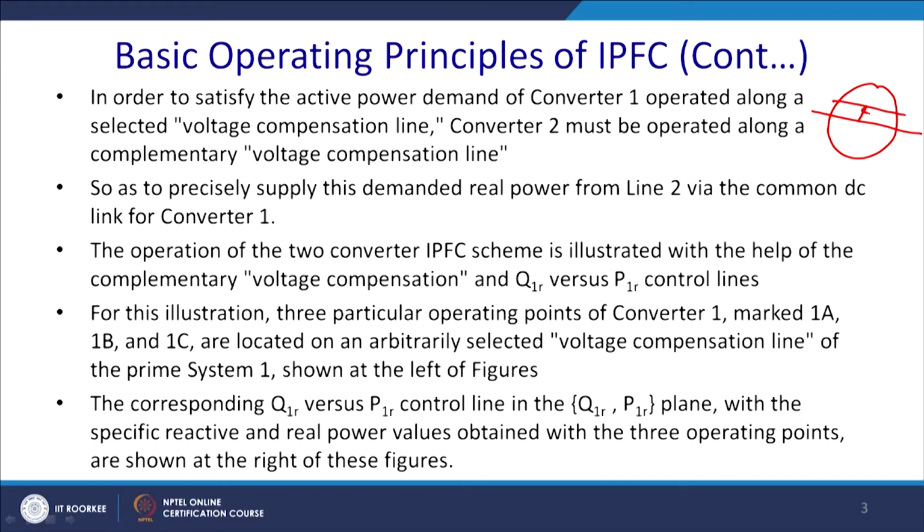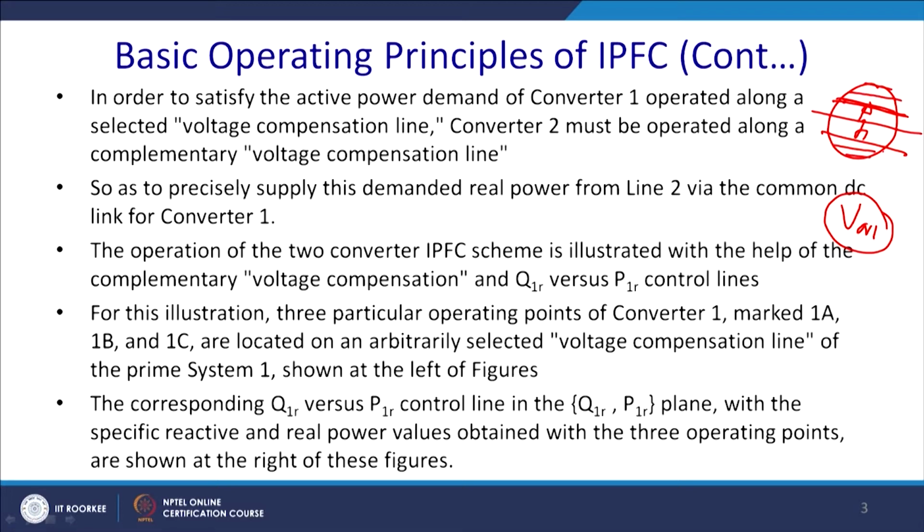You have to give a little real power, or absorb a little real power, and in this line you have compensation of the reactive power, which can be manipulated by changing the angle, because essentially what you are changing is the amount of V1Q.